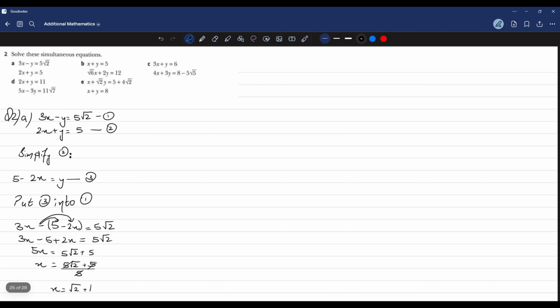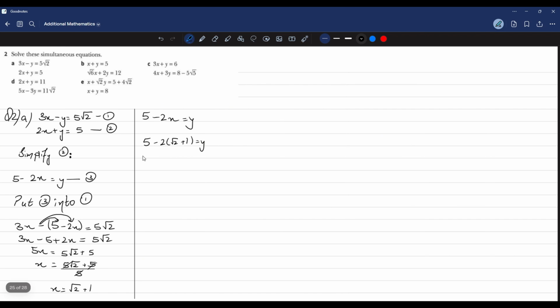Okay, so we have the value for x, going on to the value of y. So what is y? We had the simplified equation 5 minus 2x is equals to y. So we have the value of x. Now 5 minus 2 multiplied by under root 2 plus 1 is equals to y.